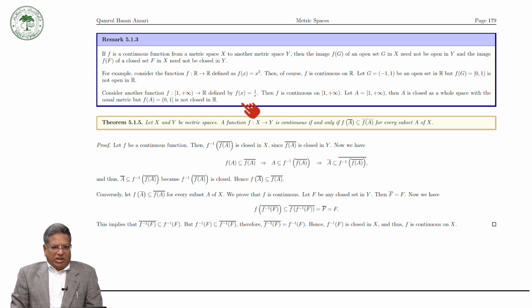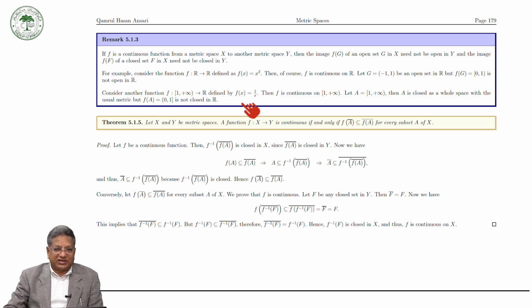Now we have another characterization of a continuous function in terms of the closure. But before that, we can see that if the function is continuous, then the image of a closed set may not be closed.